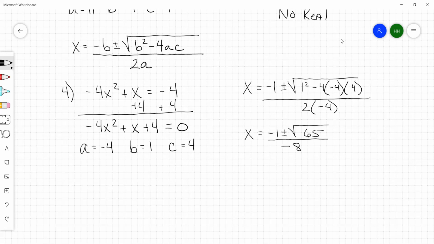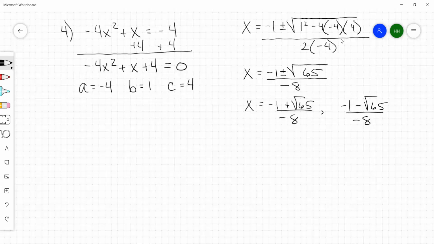Now, if you need the decimal version of this, you're going to take negative 1 plus square root of 65 and divide it by negative 8. You're going to take negative 1 minus square root of 65 and divide it by negative 8. So, let's see.